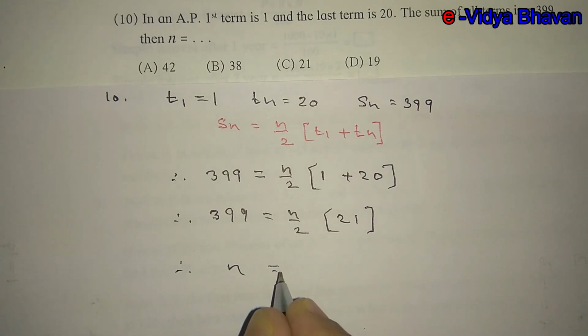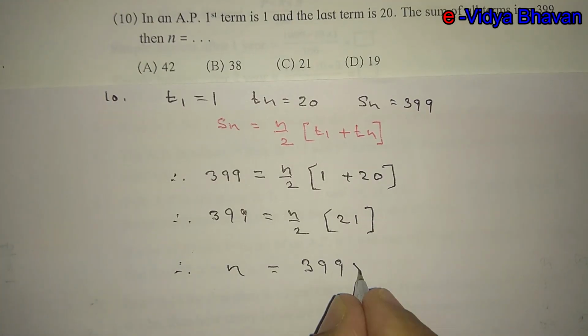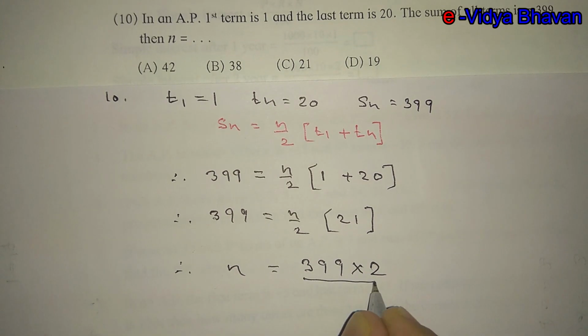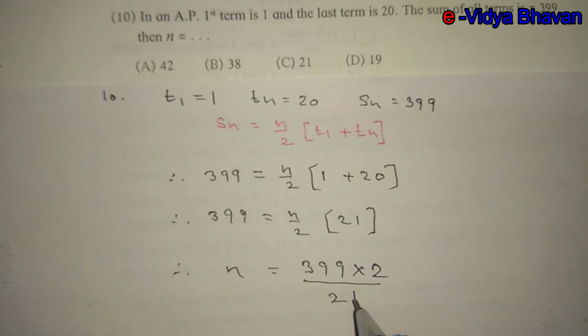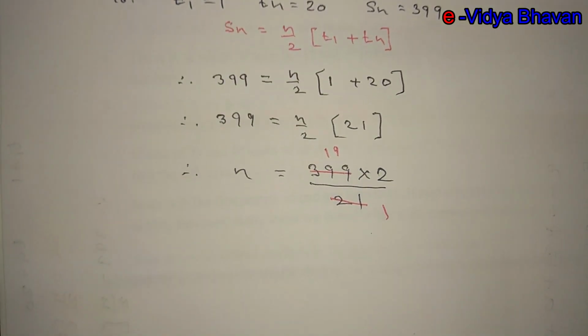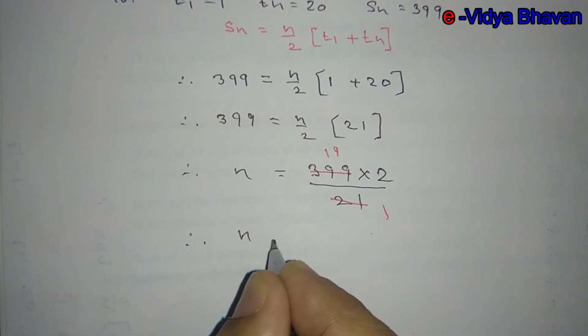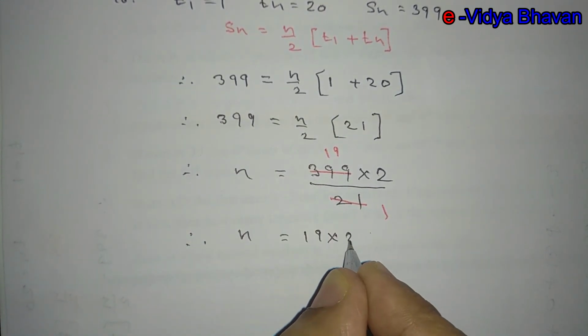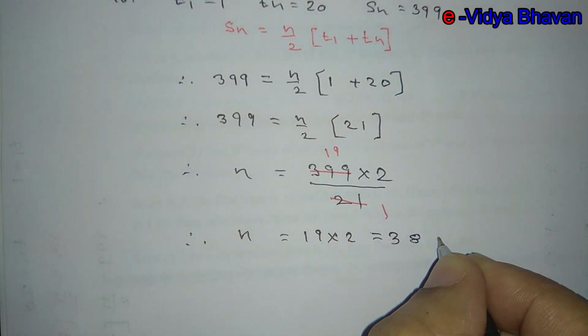Therefore n is nothing but 399, this 2 will go up and 21 will go down. Here we can cancel 21, and this will go directly to 19. Therefore n equals 19 into 2, that is 38, and the option comes to you.